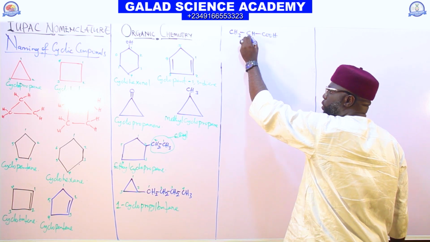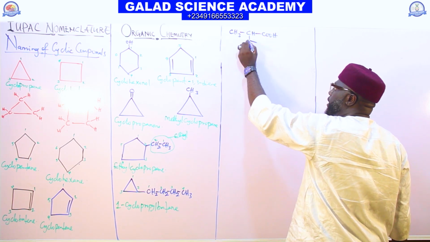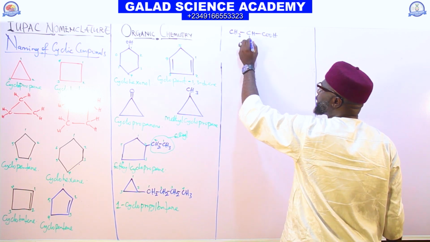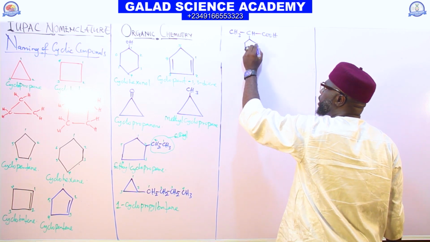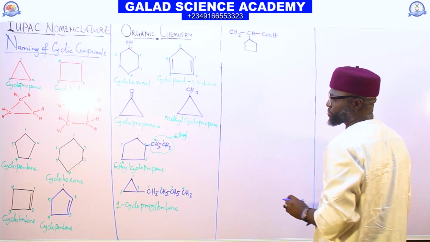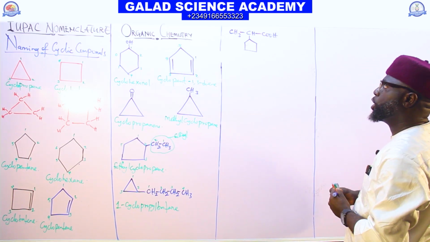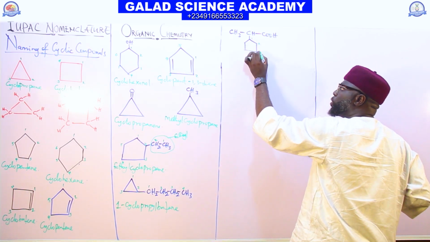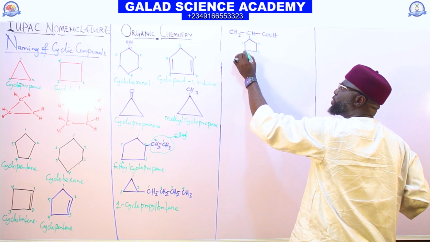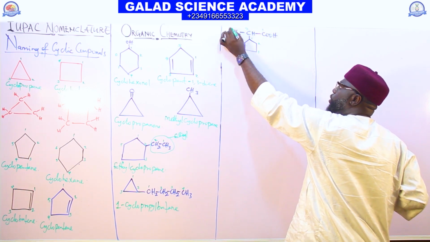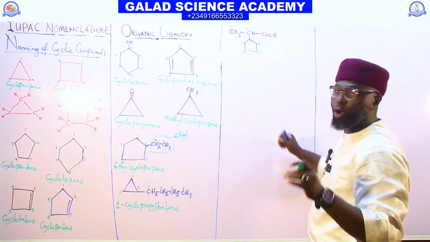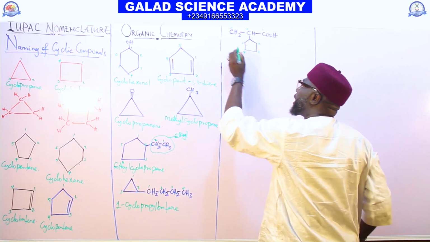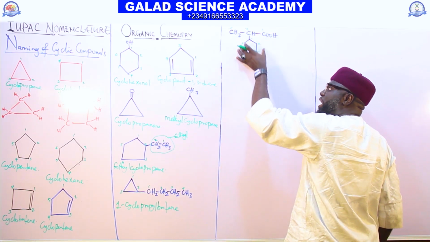Then at this side, we now have a cyclic compound like this. Let us name it. Look at the cyclic compound: how many carbon? 1, 2, 3, 4, 5. But this one, 1, 2, 3. So the cyclic compound has more carbon than the side chain. So we're supposed to call this one the parent chain.